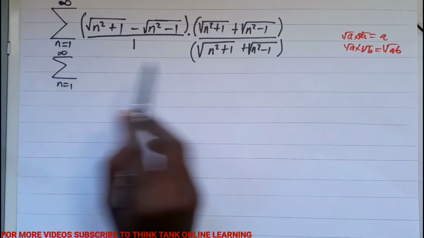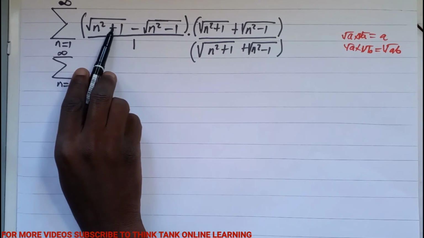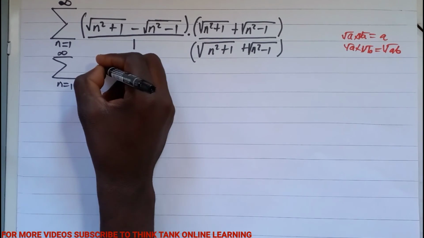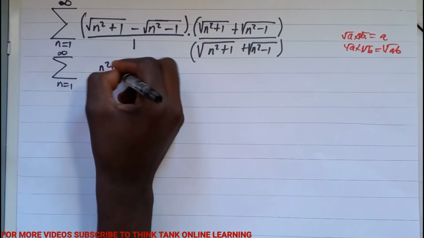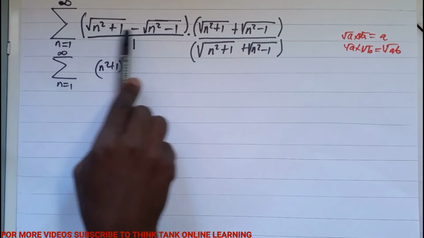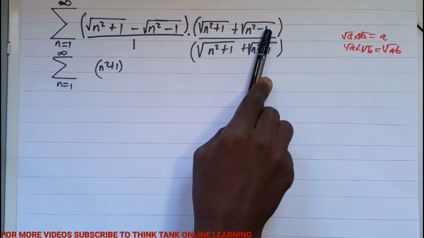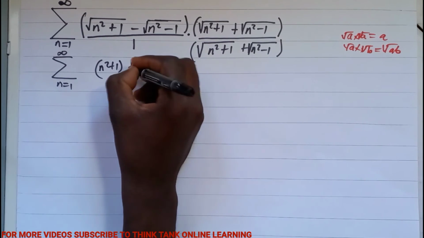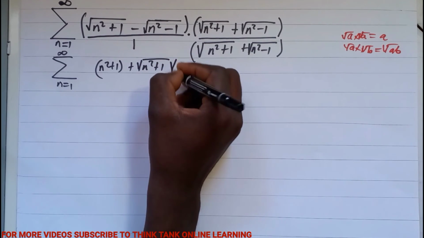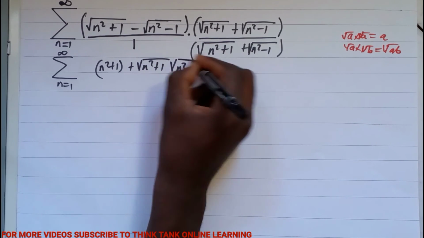We have square root of n squared plus 1 times square root of n squared plus 1, so we're going to get n squared plus 1. Then square root of n squared plus 1 times square root of n squared minus 1, plus square root of n squared plus 1 times square root of n squared minus 1.